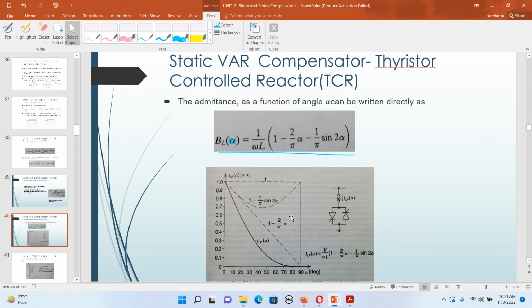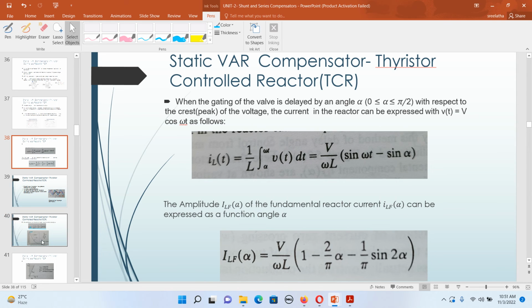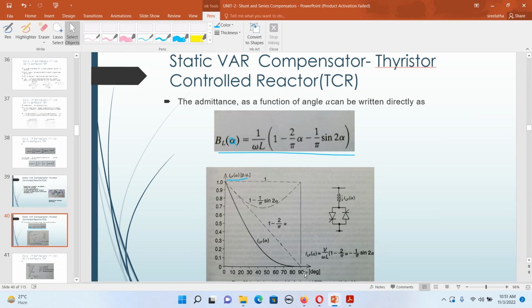So what happens when we try to draw a figure with this? We have ILF in per unit using this one, and how are you going to vary it using different delta? So this is the ILF.